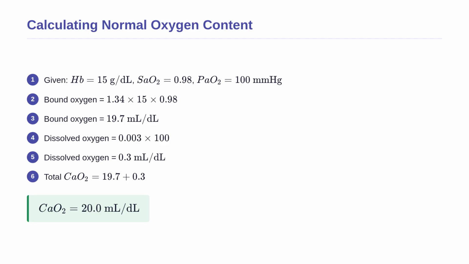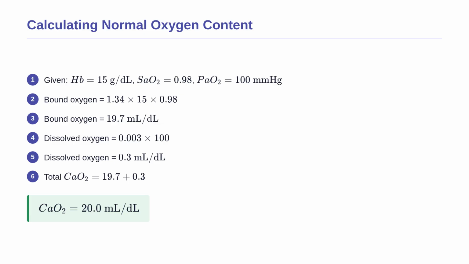Before we move on, let us see this with a concrete example. We want to calculate the total oxygen content for a healthy adult. We are given a hemoglobin concentration of 15 grams per deciliter, an oxygen saturation of 98%, and a partial pressure of 100 millimeters of mercury. We chose this formula to account for every single molecule of oxygen.